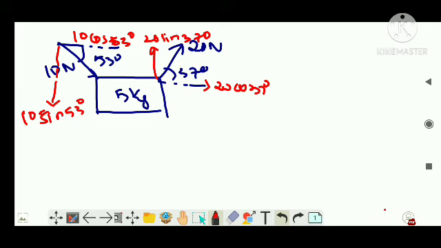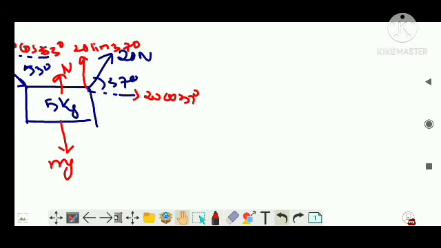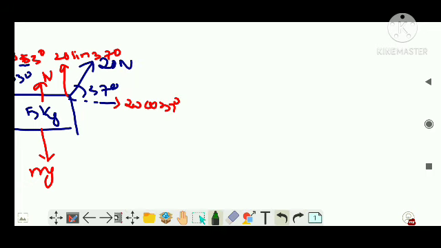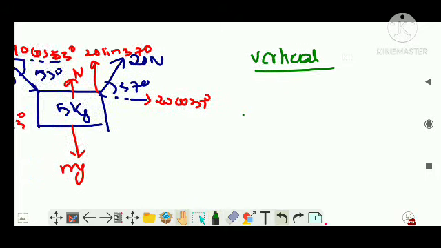I divided them into components. Then there is mg downwards, and then there is N upwards. Just like the previous cases, write the vertical forces. What are the vertical forces? Look into the diagram, guys.